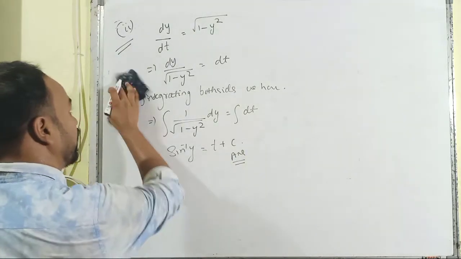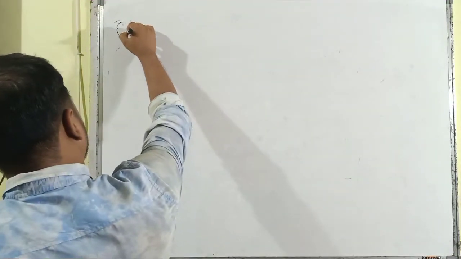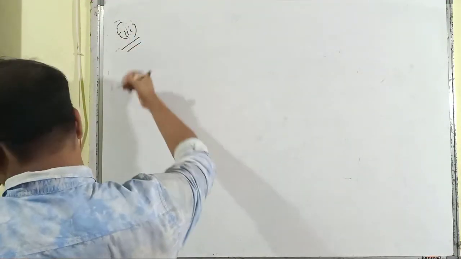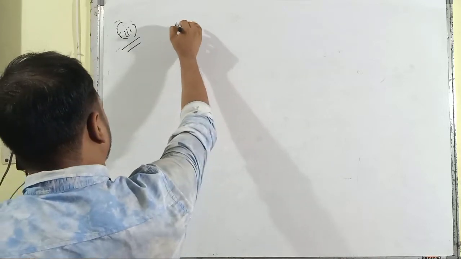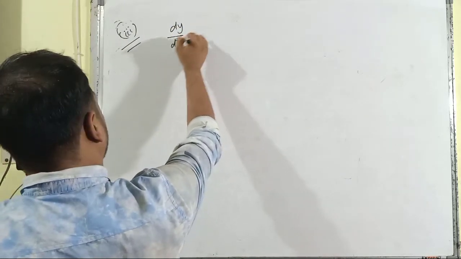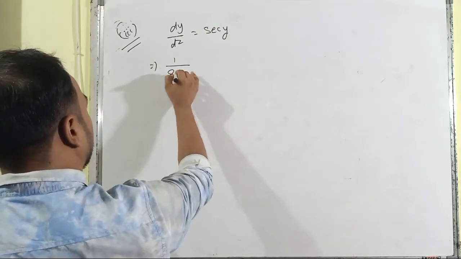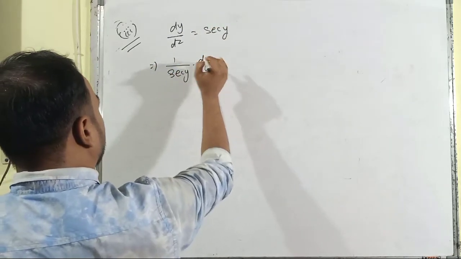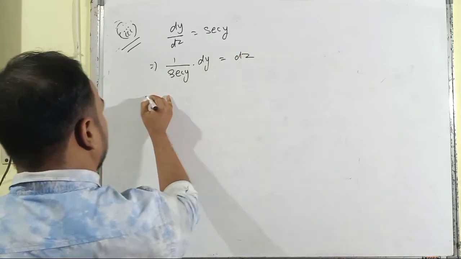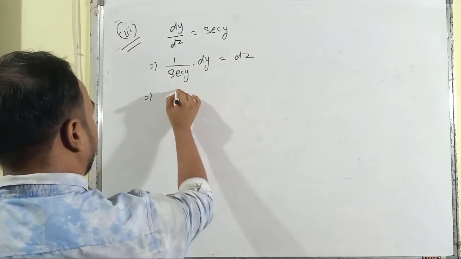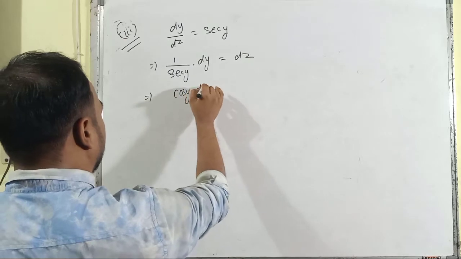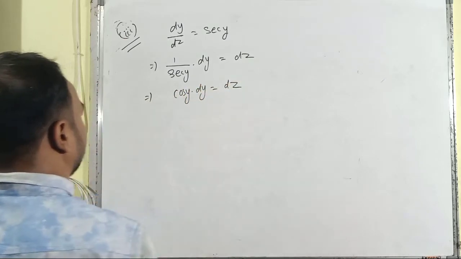Then moving towards the next problem. The third bit of number 4, it is given that dy over dz is equal to sec y. Then it is 1 upon sec y with respect to y, and it is dz. Then just simplifying, we have cos y dy is equal to dz.